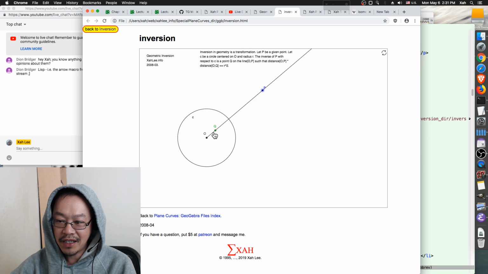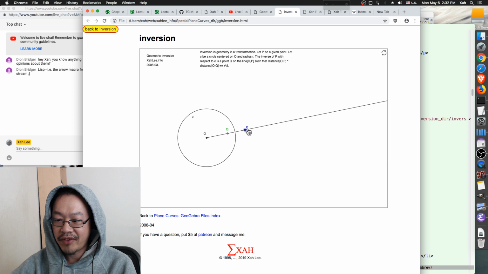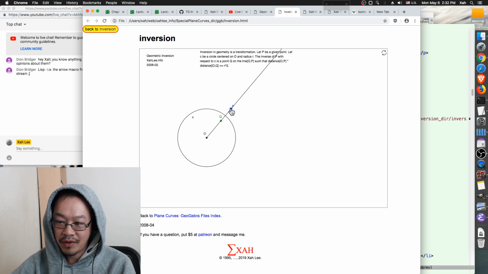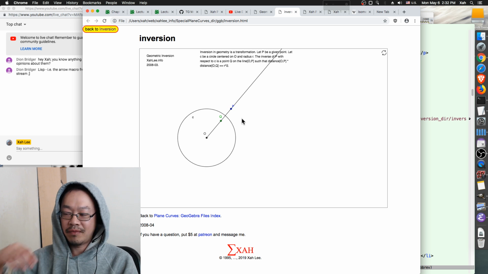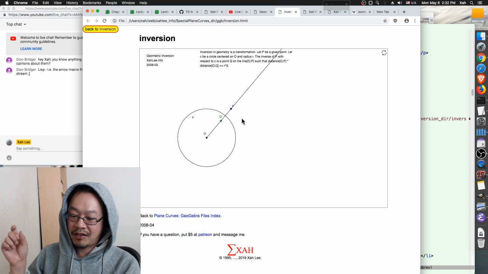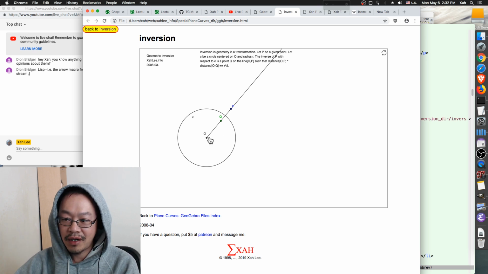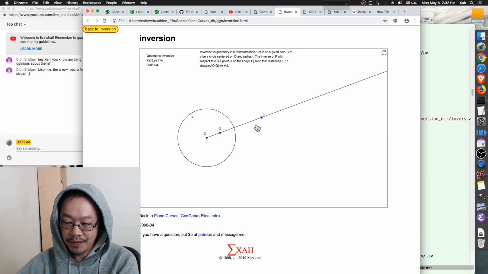And you can see the point Q is the inverse of P. In this interactive application, you can see how P and Q relate. The point Q, as I mentioned, is determined by drawing a line from O to P, and the distance OP times OQ is equal to r squared.